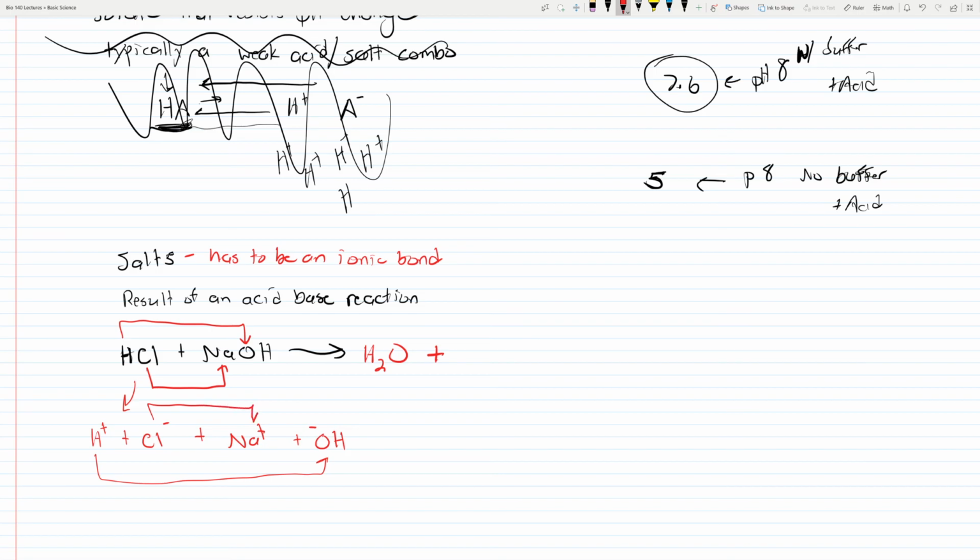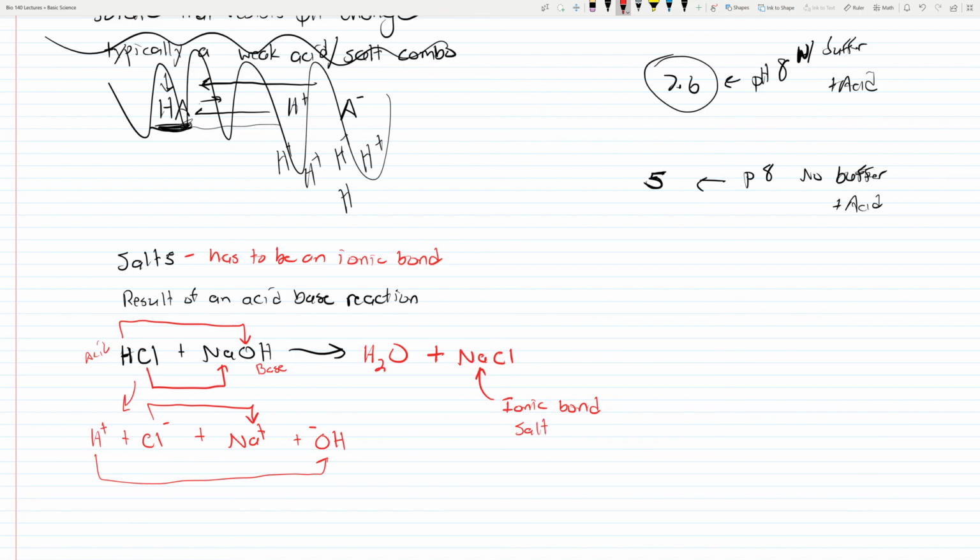It's going to be attracted to the other positively charged ion, and we're going to get sodium chloride. This here, ionic bond. It is the result of an acid-base reaction, because here's our acid, here's our base, and it is a salt.